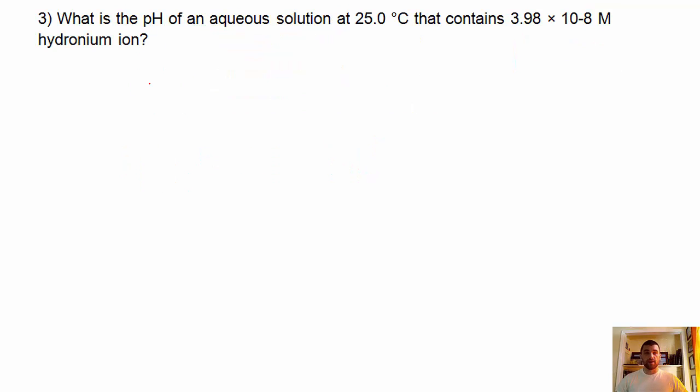So number 3, what is the pH of an aqueous solution at 25 degrees Celsius containing this concentration of hydronium ion? So here is the key. You got to go, all right, what is pH? Remember that pH is the negative log of the concentration of H plus.